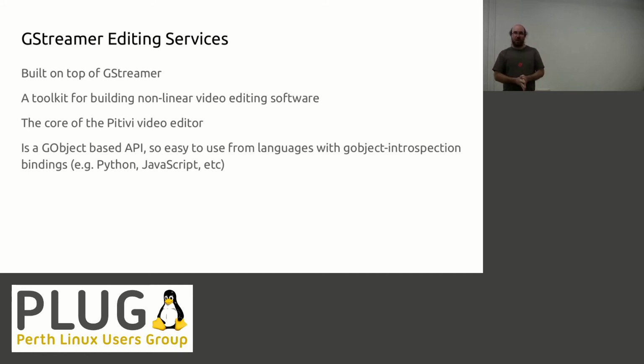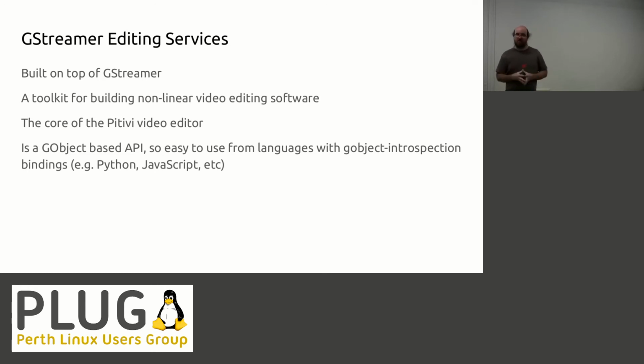So, GStreamer Editing Services. This is another library provided by the GStreamer project. It's a toolkit for building nonlinear video editing applications, and it makes up the core of the PiTiVi video editor.